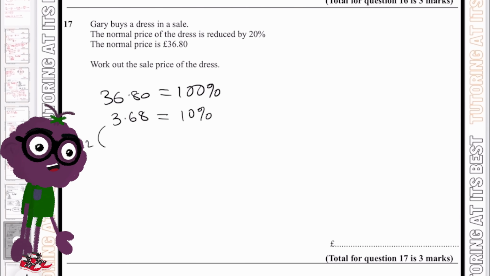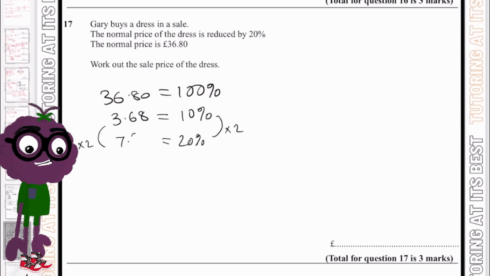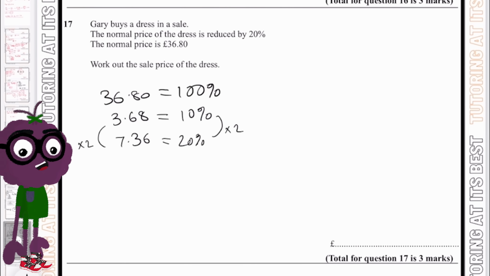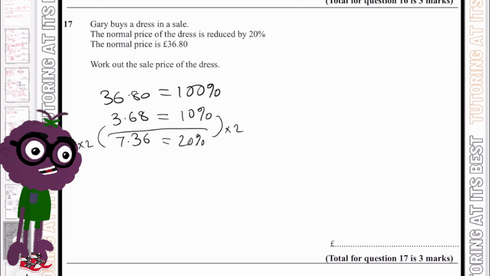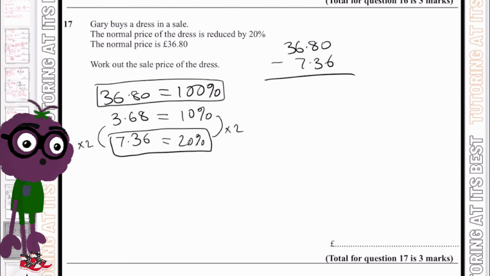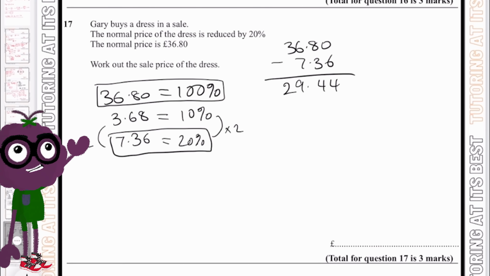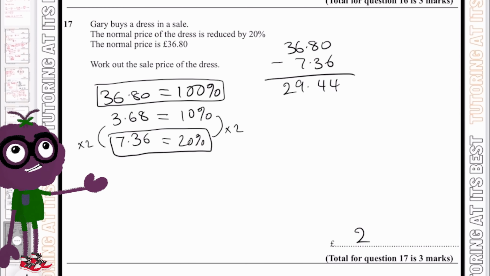We'll then times it by 2, so we get 20%, and that will be £7.36. And then we need to subtract this amount from our 100%, and that would give us £29.44. So now we know that the sale price of the dress will be £29.44.